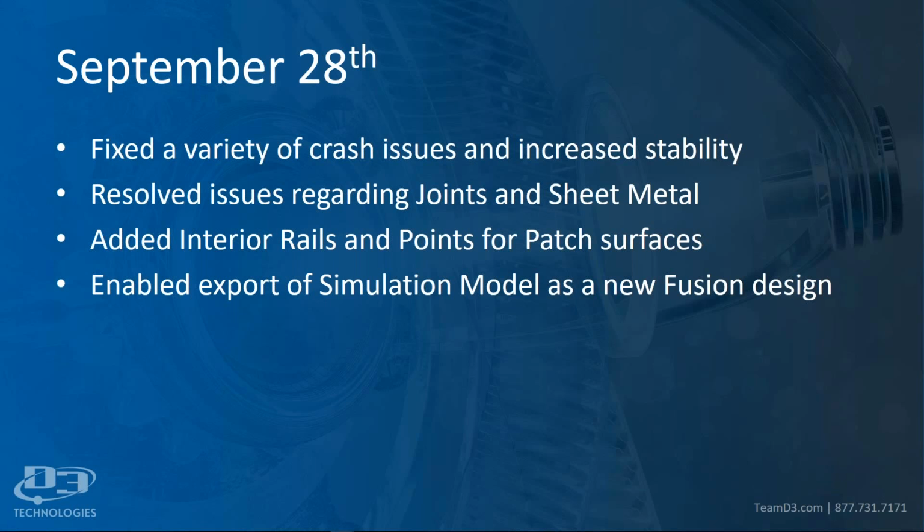The ability to do the top-down design where you create components within the single file and basically create an assembly as you go along is something that Fusion has focused on, and they've really been getting better. But there have been a lot of issues in this particular event around sheet metal and joints. Basically, any of your assembly commands, there were definitely some hierarchy issues. So they added interior rails and points for patch surfaces. I don't know if any of you operate in the patch environment.